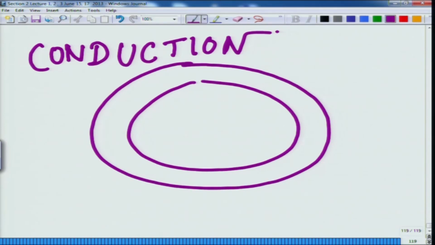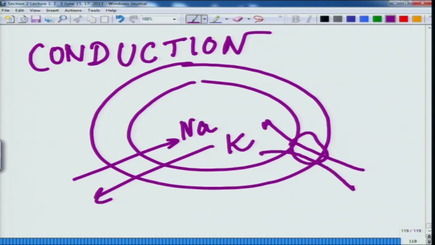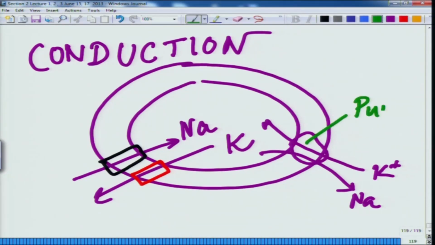Conduction phenomena is like this: the flow of sodium, potassium, and using different kinds of pumps, where the sodium is being thrown away and potassium gets in. So, these are the channels, let me put them in red, and these are the pumps.